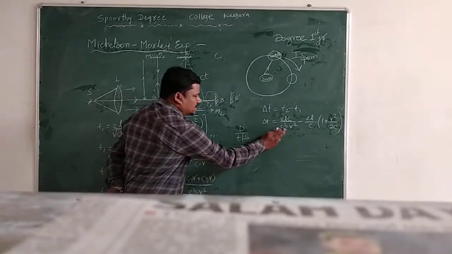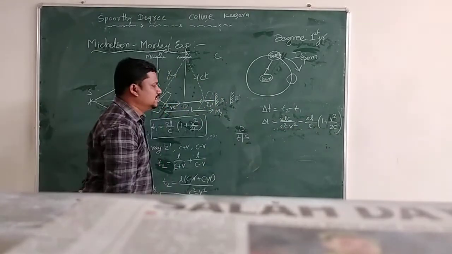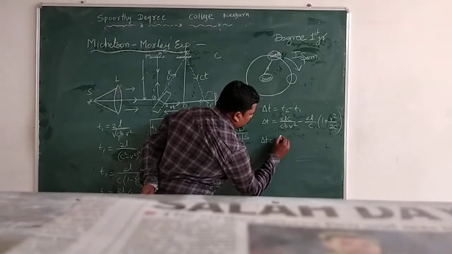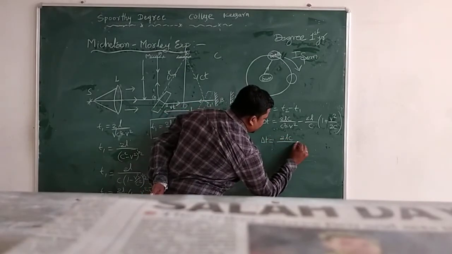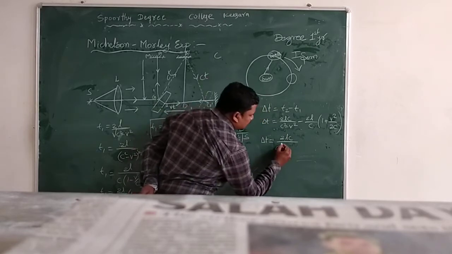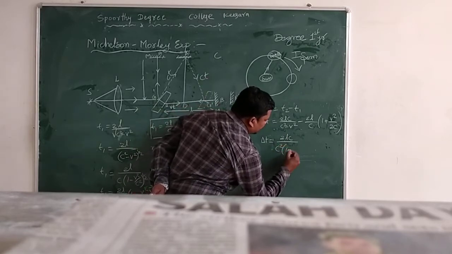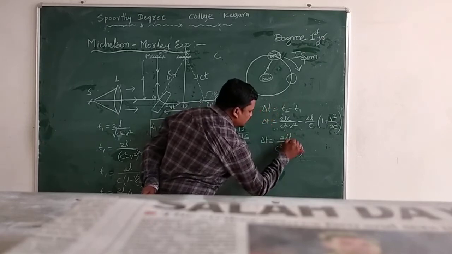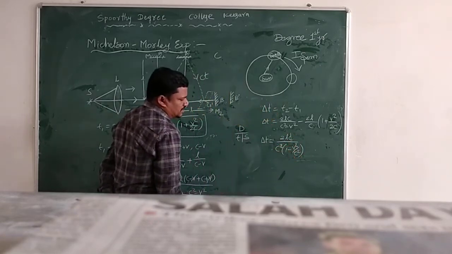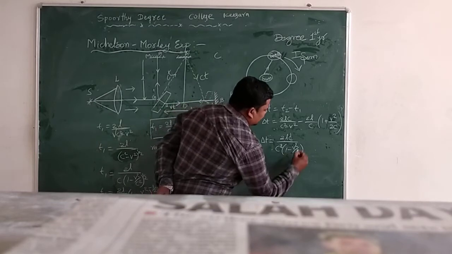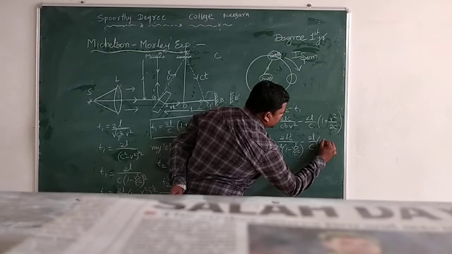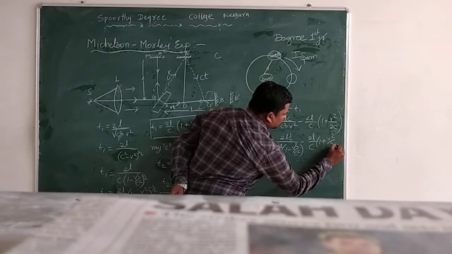We have to convert this also in the same form. Then take C square as common. Delta t equal to 2LC by C square, common 1 minus V square by C square. C square, C cancel. Then minus 2L by C, 1 plus V square by 2C.